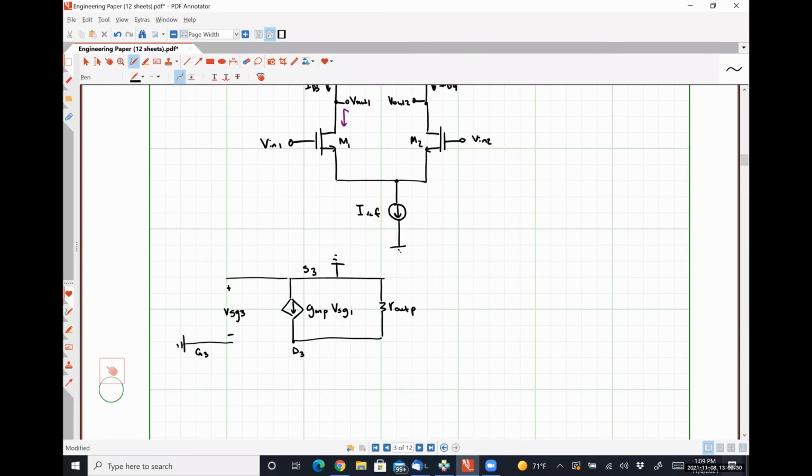So that means VSG3 is what? 0, which means the source doesn't provide any current. And so all we see looking in through that drain terminal is just R out P.